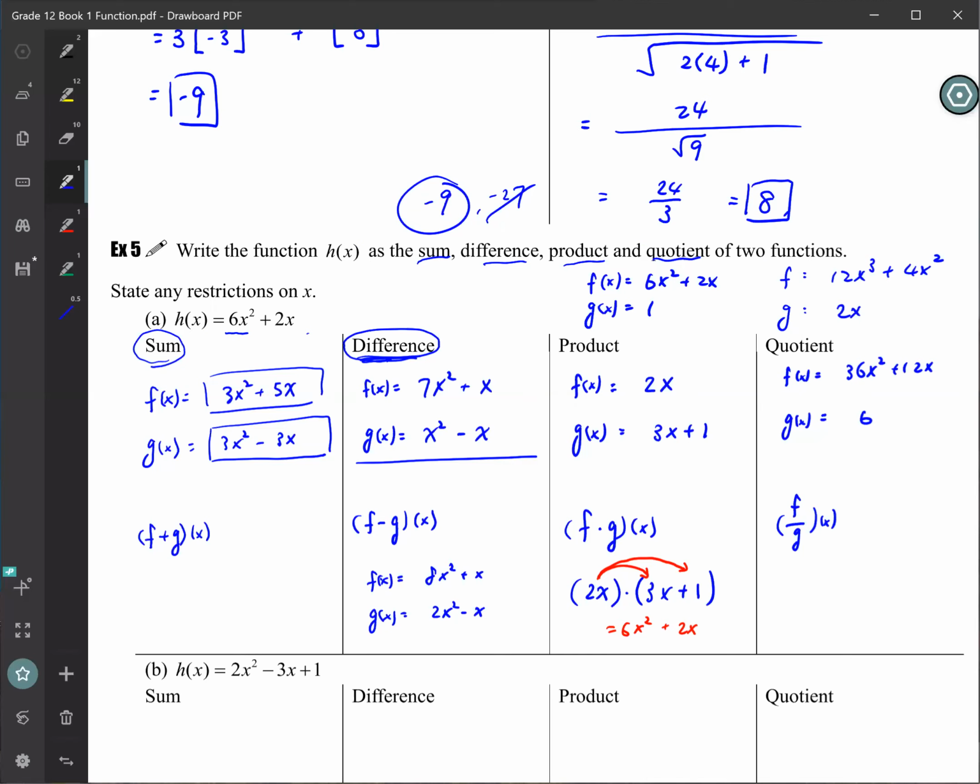Okay, Catherine, what about you? What do you have? 6x cubed plus 2x squared divided by x.